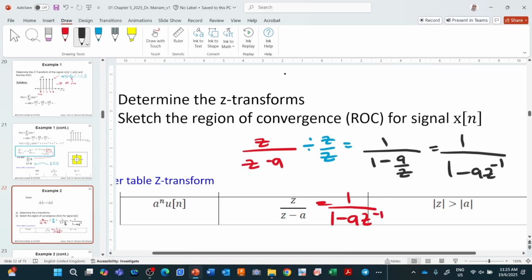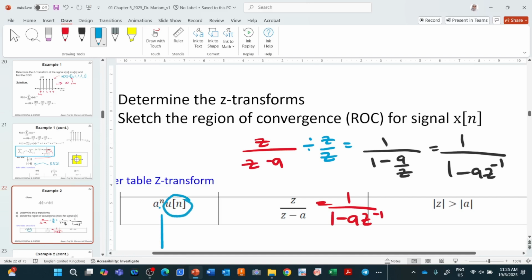Yesterday we have actually derived it, and for a^n u[n], what type of signal is it? Is it left-sided or right-sided? Right-sided sequence. Why? Because you have u[n].